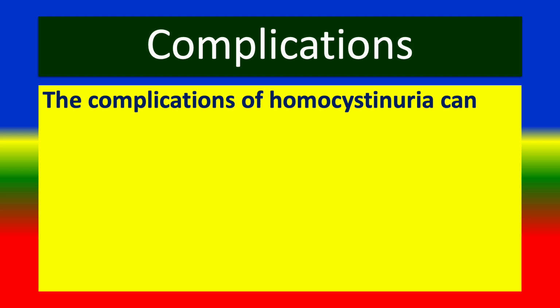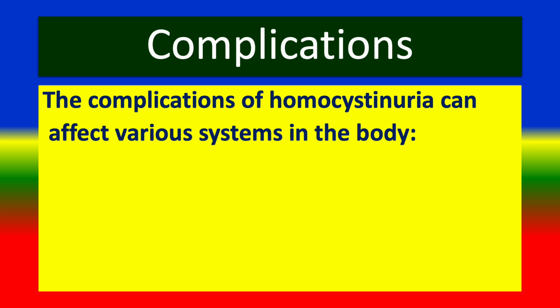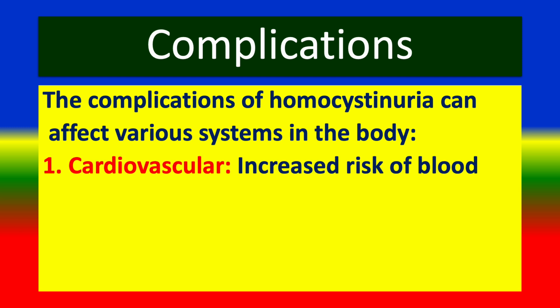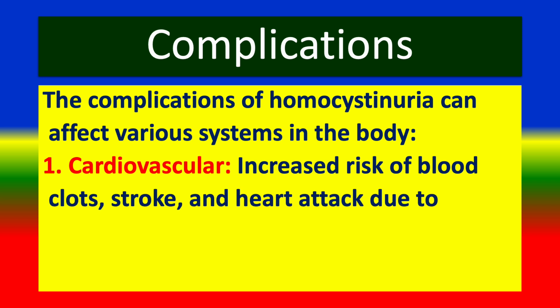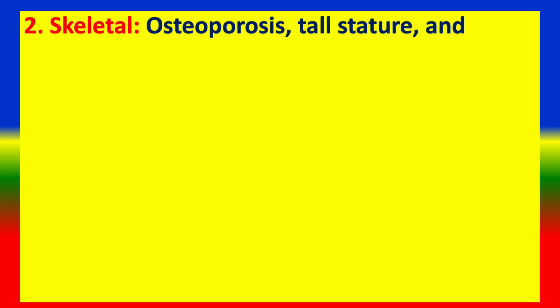Complications. The complications of homocystinuria can affect various systems in the body. 1. Cardiovascular: increased risk of blood clots, stroke and heart attack due to hypercoagulability. 2.